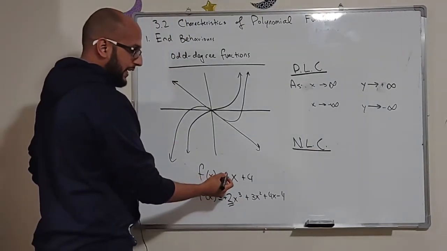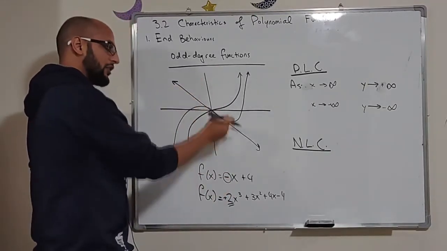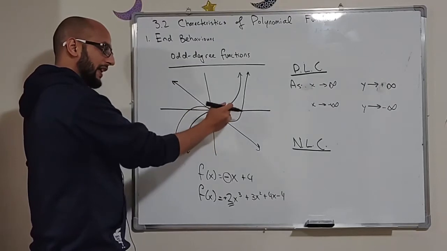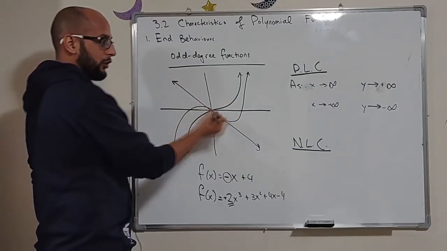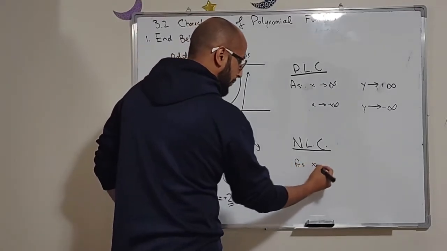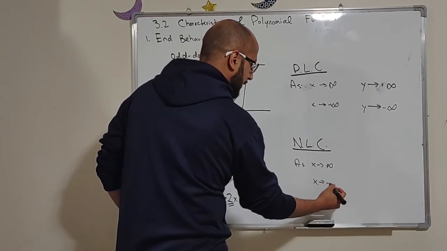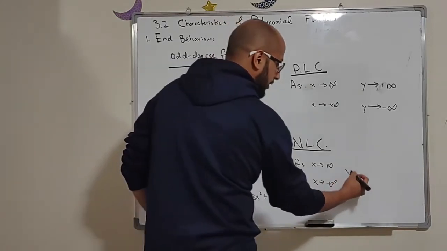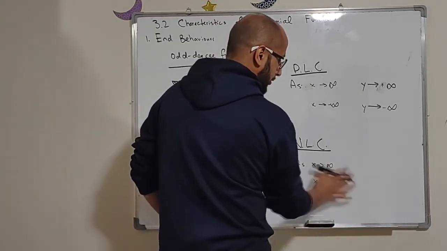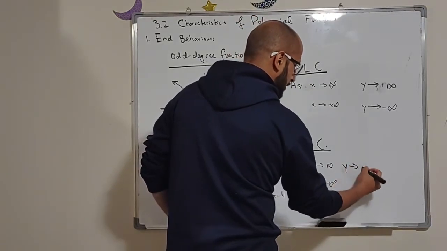When you have a negative leading coefficient, it's just been reflected. You can think of it as a reflection over the x-axis, and now it's going to go down and to the right. So what happens to our end behaviors is that as x approaches positive infinity, and as x approaches negative infinity, y will approach the opposite.